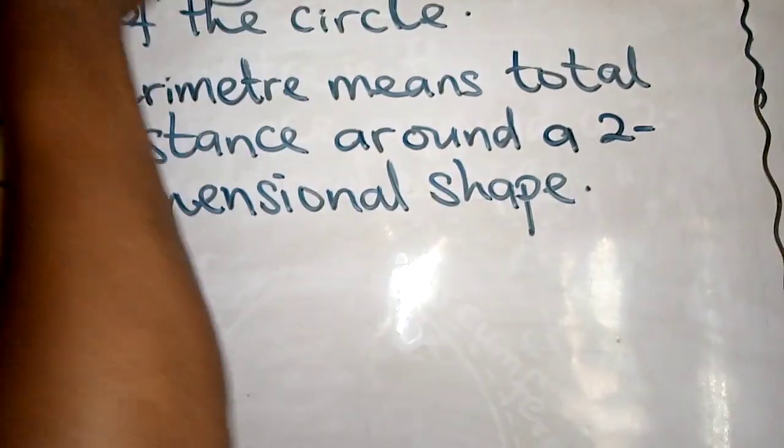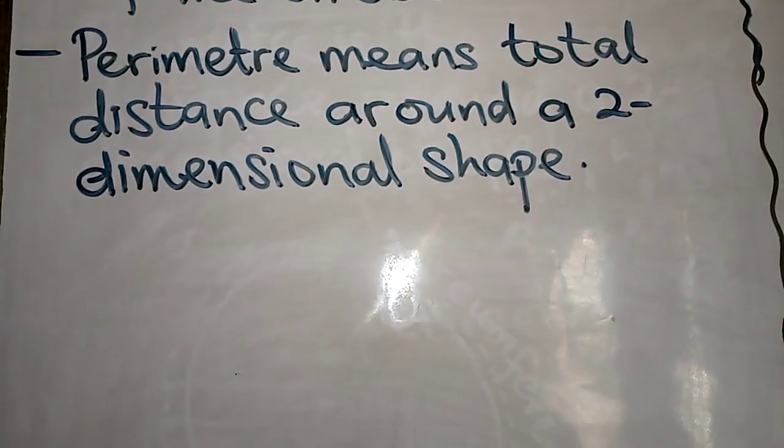A two-dimensional shape is a shape that has length and breadth.